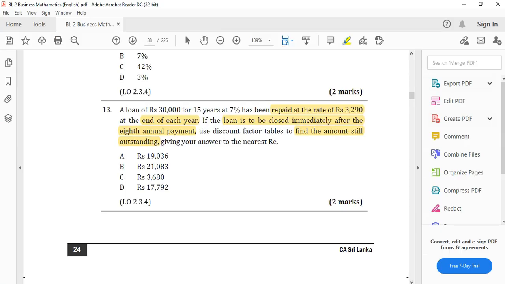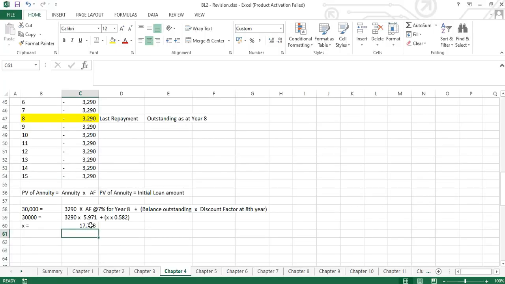The question asks for the nearest rupee. The rupee digit is 2 and the digit after it is 8. 8 is greater than 5, so you add 1 to 2. So it will be 17,793.